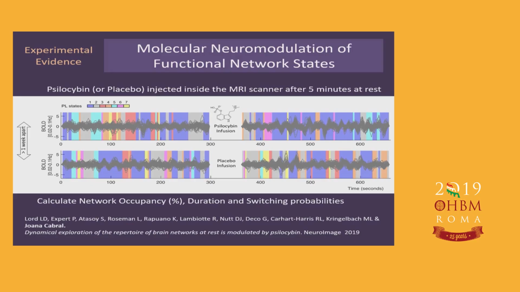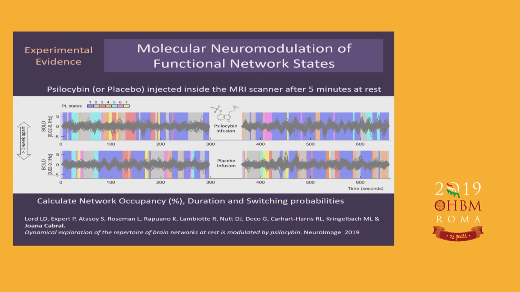The subject doesn't move. Then there is another session where the participants go again into the scanner and are injected with a placebo. They don't know in which session they are injected with psilocybin or placebo. This is an interesting data set. We're doing secondary use of this data to study how a single molecule that acts on the serotonergic system modulates this dynamical exploration of the repertoire of brain networks.